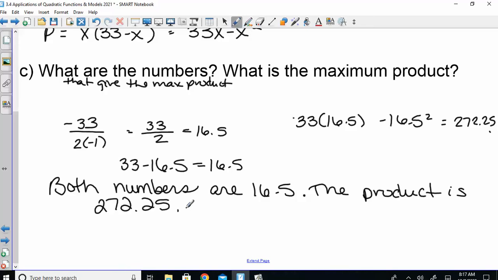Okay, so we had to figure out what expression to use for the numbers. But anytime I'm asking you for a maximum or minimum, I'm asking you to find that vertex. Any questions on that one?